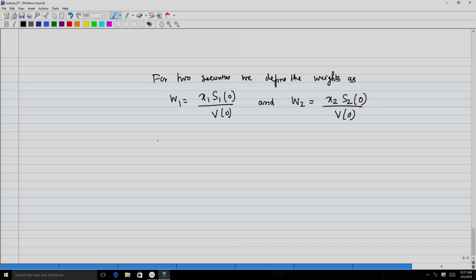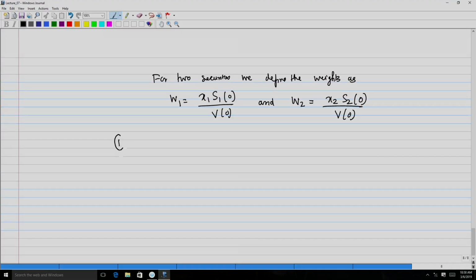What are the notations that we have used here? The only thing that we are familiar with is S1 0 and S2 0. These are the stock prices for the first and second stock at time t equal to 0. So, let us go through the notations that we have introduced one by one.